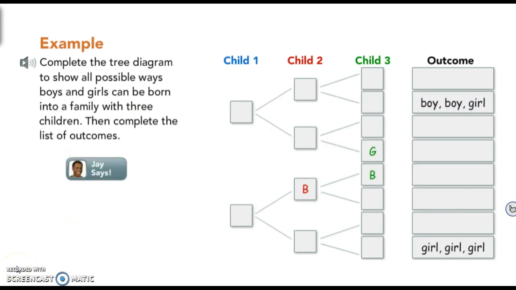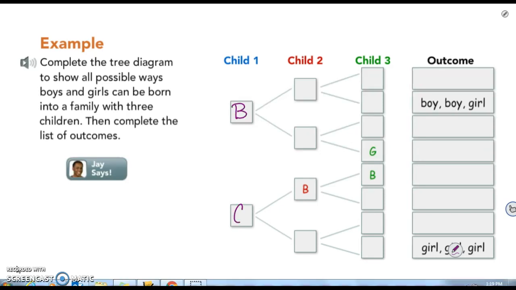Let's look at the next example in your notes. Complete the tree diagram to show all possible ways boys and girls can be born into a family with 3 children. Then complete the list of outcomes. You can copy this tree diagram into your notebook to help you with this problem. Let's start by looking at child 1. Child 1 can be a boy or a girl.